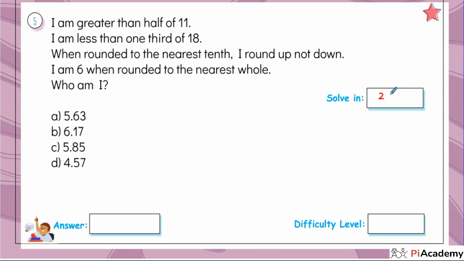Everyone start solving. Okay, 1 minute left to solve this question. Quick, everyone. I can see many answers coming, and most of them are correct. Fantastic. 30 seconds left.